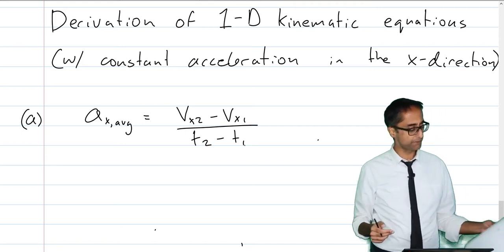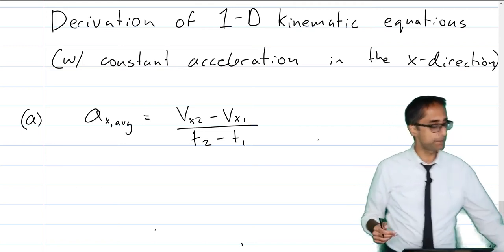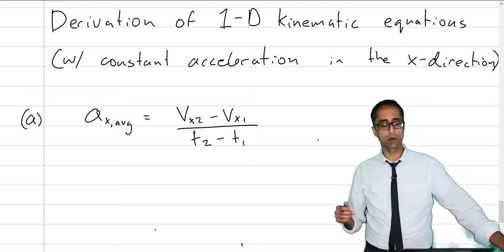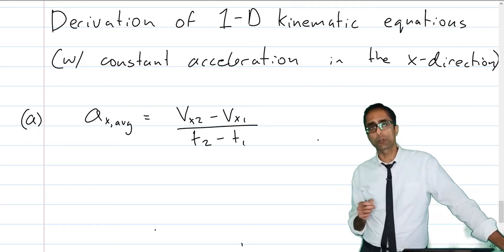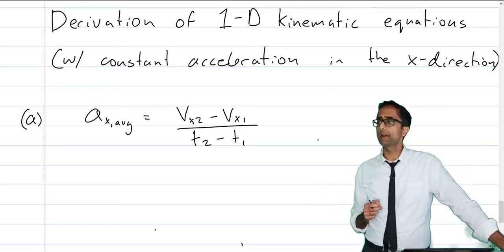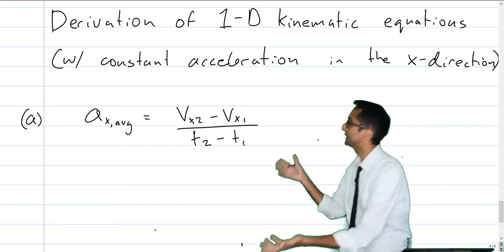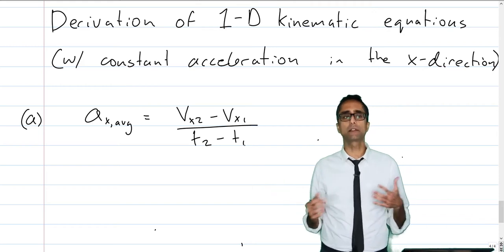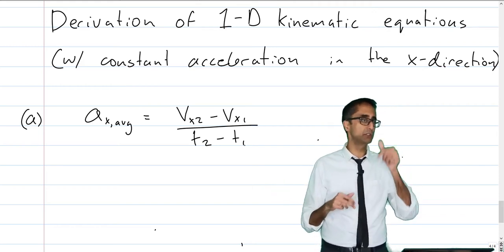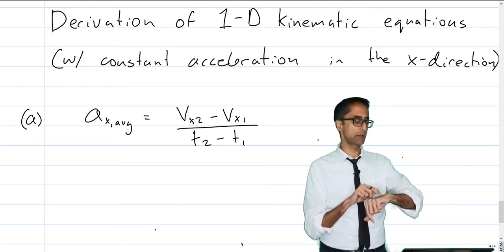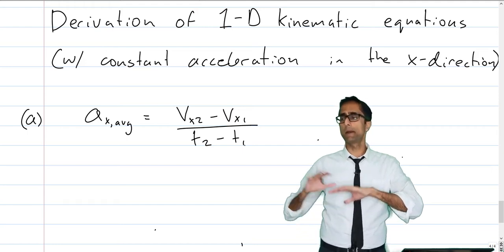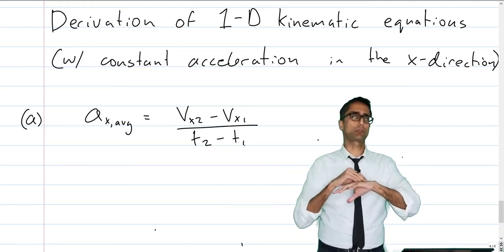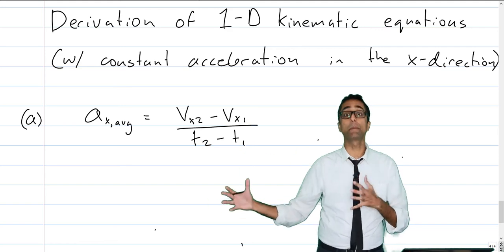We can simplify this very easily by thinking about when we are starting this problem. When we do these kinematic problems, we don't know the exact date and time. It's not like we're subtracting t2, which is like September 21st, 2021, at 9:30 a.m., minus some other time.